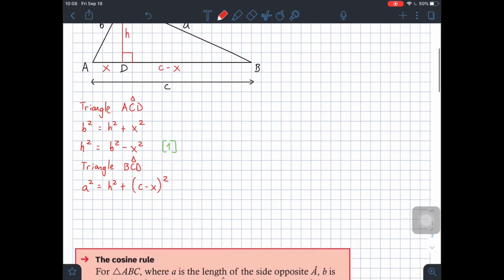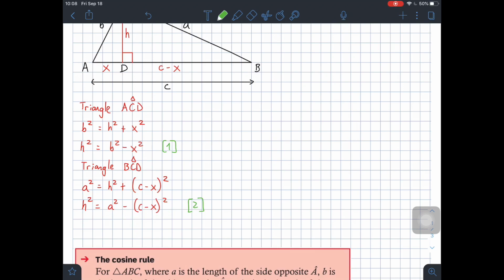Once again, I'm going to solve for h, leaving h alone. So this is h squared equals a squared minus (c minus x) squared. I'm going to call this equation number 2. So you see that in equation number 1, we have h squared alone, and in equation number 2, we have h squared alone as well.